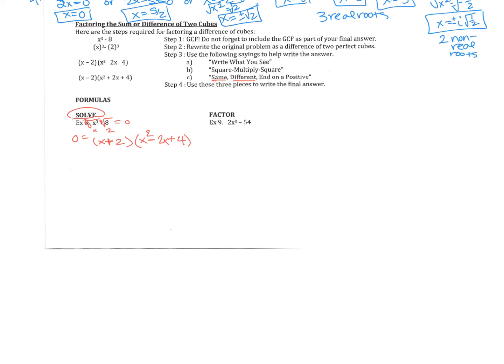But if I'm solving, I'm going to set each factor equal to 0, and I'm going to solve. So I get x equals negative 2 again. We got that last time. This is my one real root. And then x squared minus 2x plus 4, since it does not factor, I either have to use complete the square or I have to use quadratic formula.